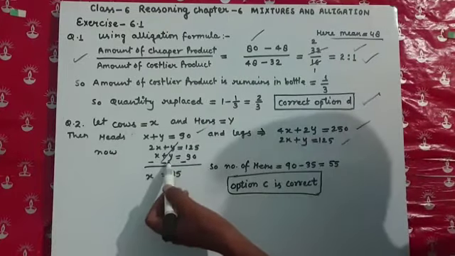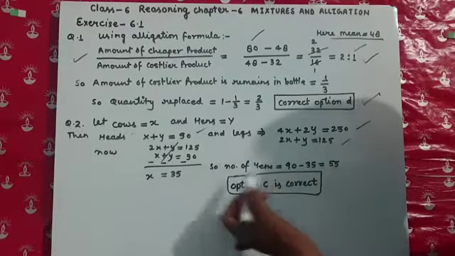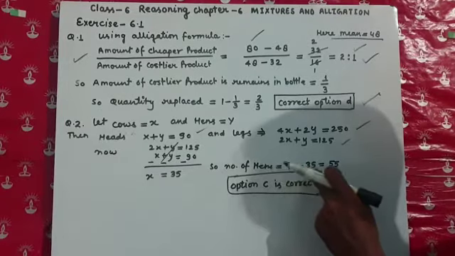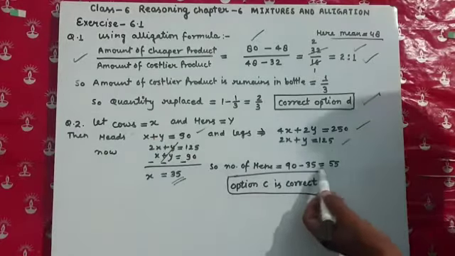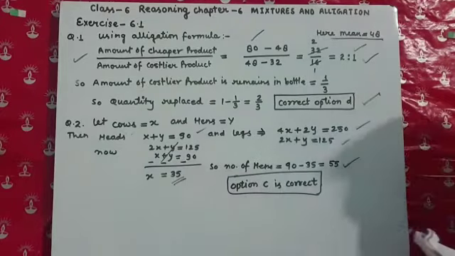After the subtraction method we are getting X equal to 35. The question is asking the number of hens, so the number of hens is 90 minus 35, because 35 is the number of cows. So 90 minus 35, we are getting 55. So option C is correct.